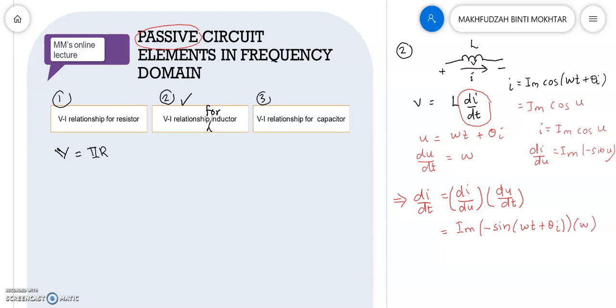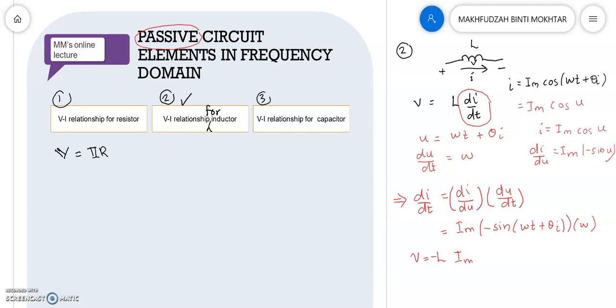So when I rewrite this equation, the value of V equals L di dt. So I will have L multiplied with di dt, which is L Im, and we have negative here, right?